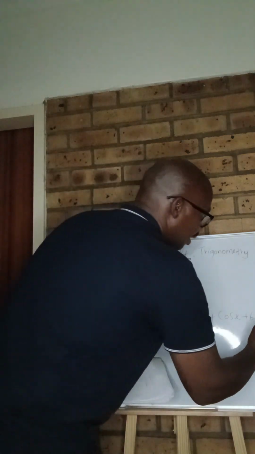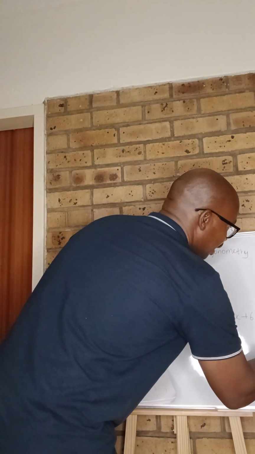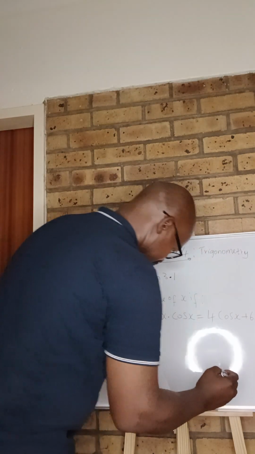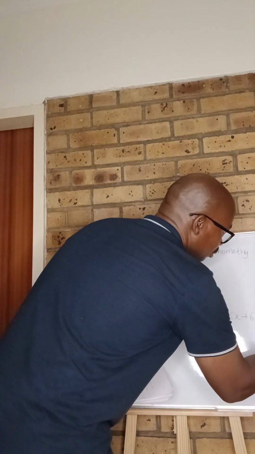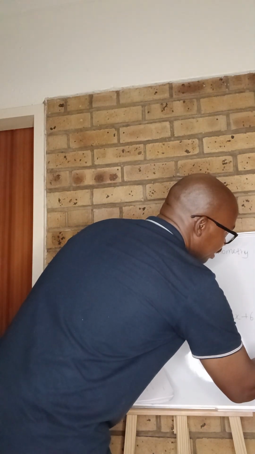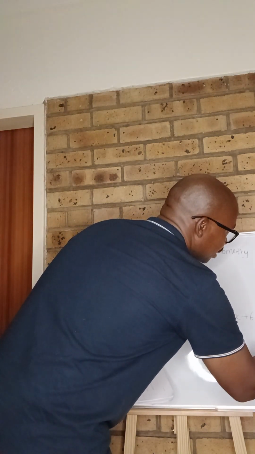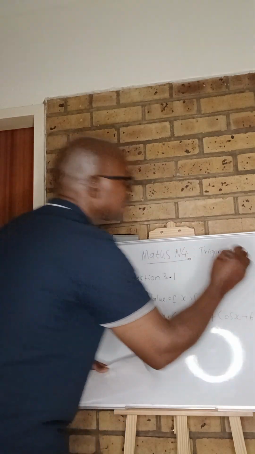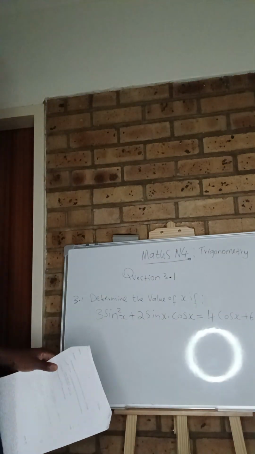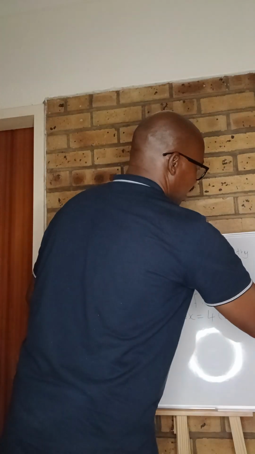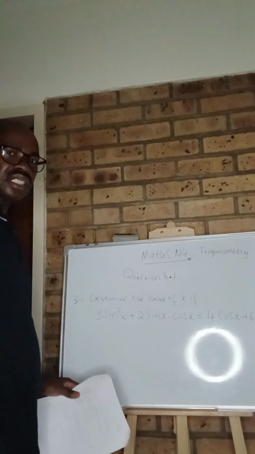And we are given that the value of x is between 0 and 360 degrees. We are given that condition there. Also, the allocation of marks is 5 marks.